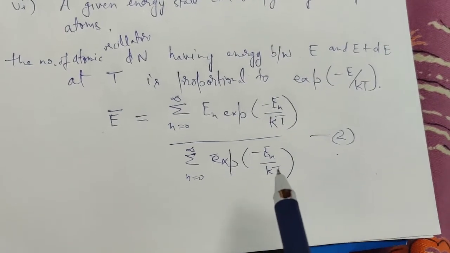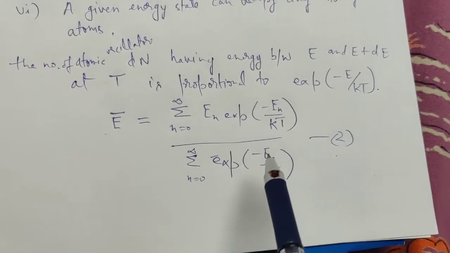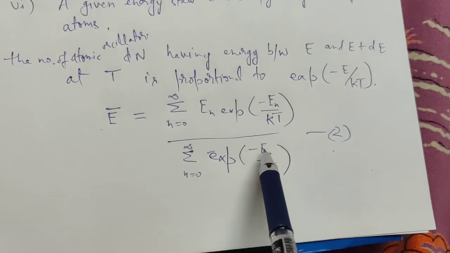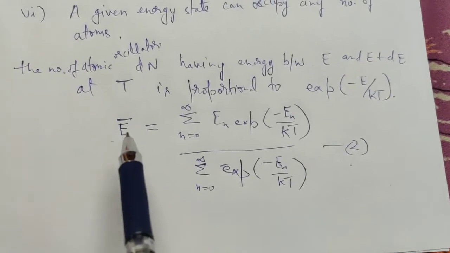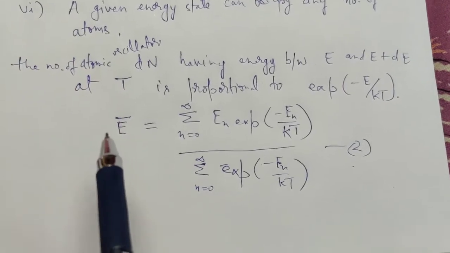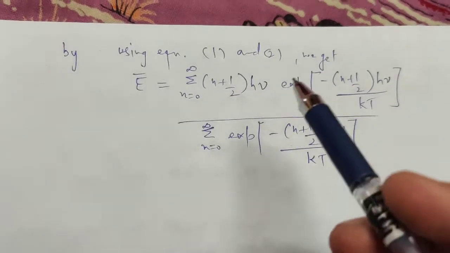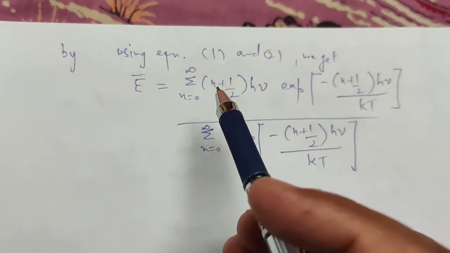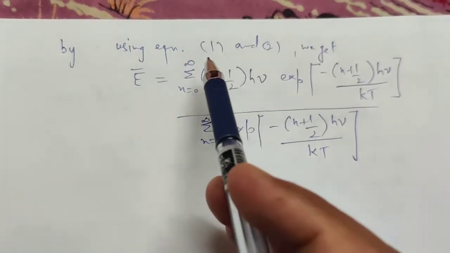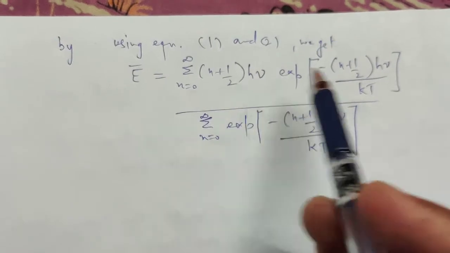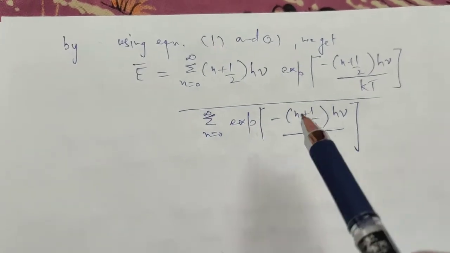Here T is the temperature, En is the energy of the nth level, k is the Boltzmann constant, and E bar is the average energy. Now I put the value of En, that is (n plus half) h nu, the energy of the nth level, into this equation.